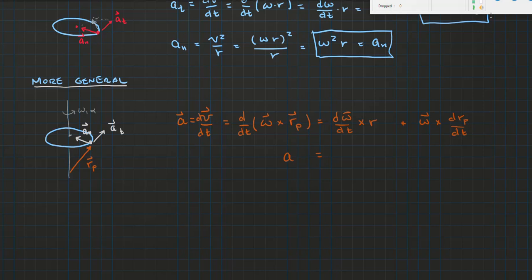Well, then our acceleration just equals, this is alpha cross r, so our angular acceleration, plus this is omega cross, and drp dt we found earlier was omega cross rp, so it's omega cross omega cross rp.